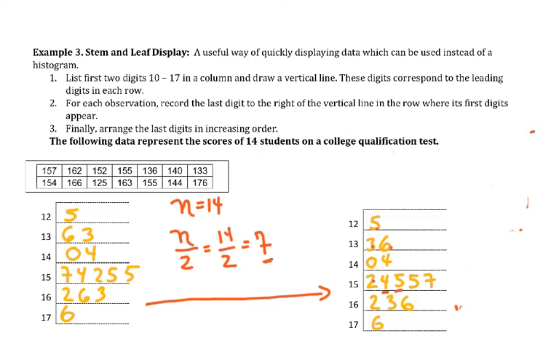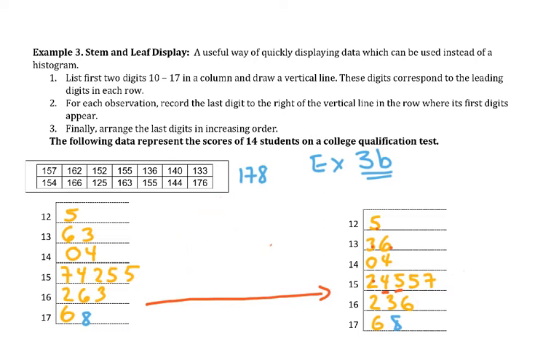So we'll call this example 3B. Suppose I had one more score, let's say 178. Then that would go here. Now, N is not 14 anymore. N equals 15.